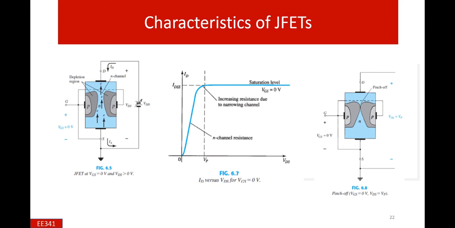And definitely it will make more of a reverse bias situation here, and the depletion region is increasing in a similar way. Further, if we increase to a certain value, VDS equal to VP, which is some upper limit of the voltage, the two ends of the depletion region just join here.